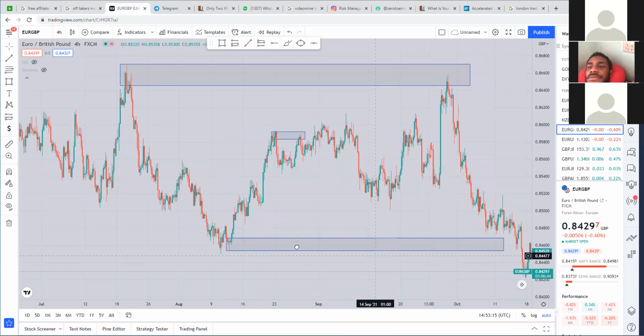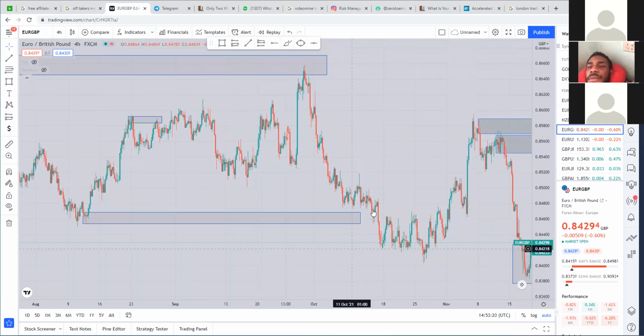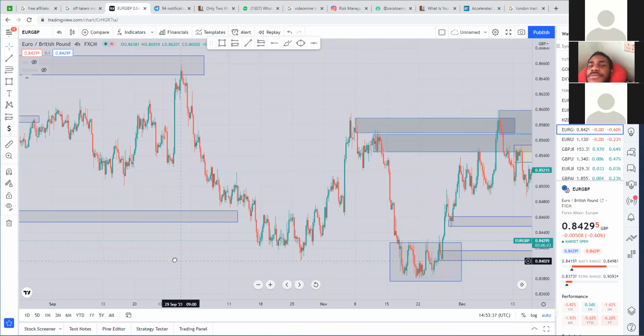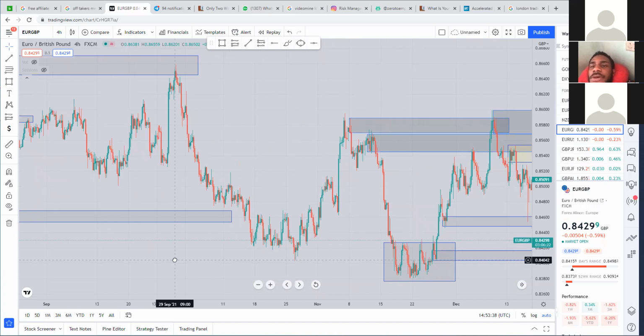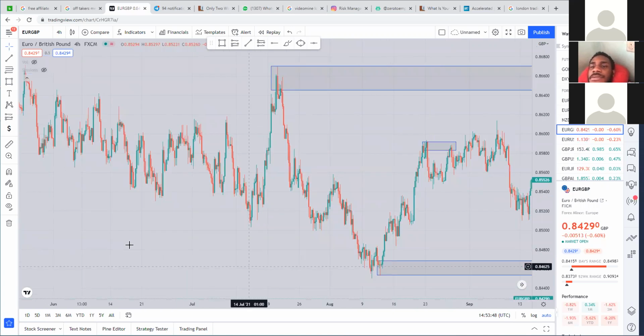Now it broke here, but it didn't activate the other, because if it had activated it, it could have still gone up a bit before eventually coming to break it. It saved you the stress of having to jump into it every time. But anywhere an impulsive move is, it comes back to that origin of that impulsive move.